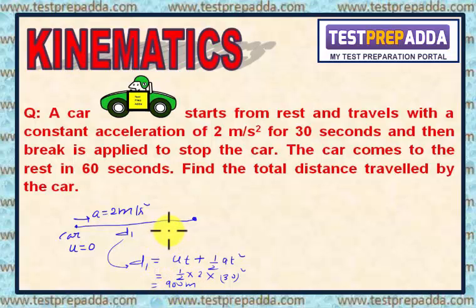Now get the velocity of the car after traveling this d1 distance. That velocity can be found with the help of v is equal to u plus at, and if you substitute a as 2 and t as 30, you will get 60 meter per second.